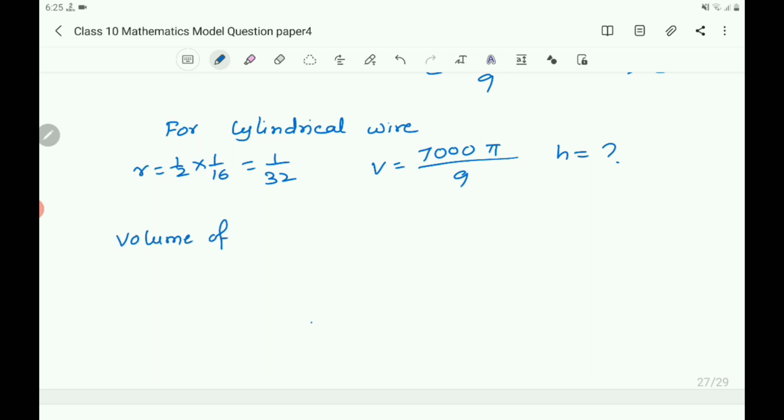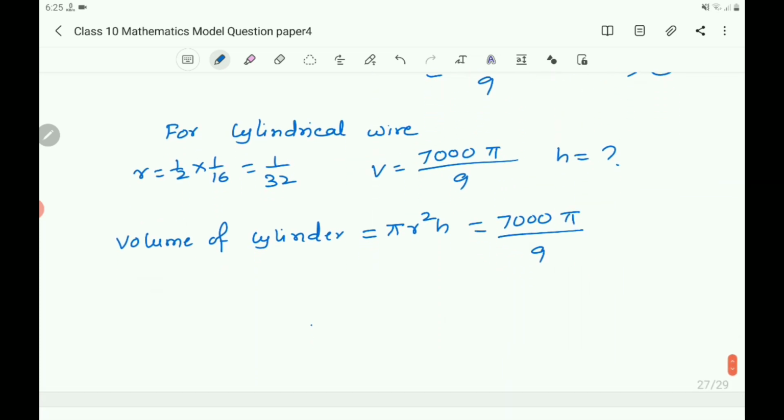Volume of cylinder, that is what? Pi r squared h, that equals this one. So you write 7000 pi by 9.